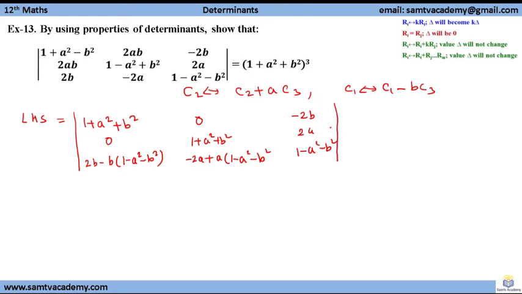Now if we solve this, we will get somewhat like this. I will write it again by solving.